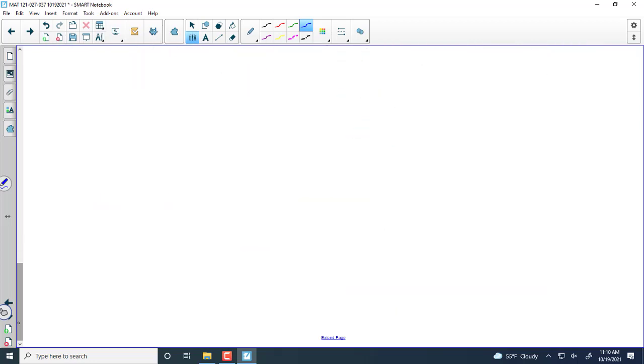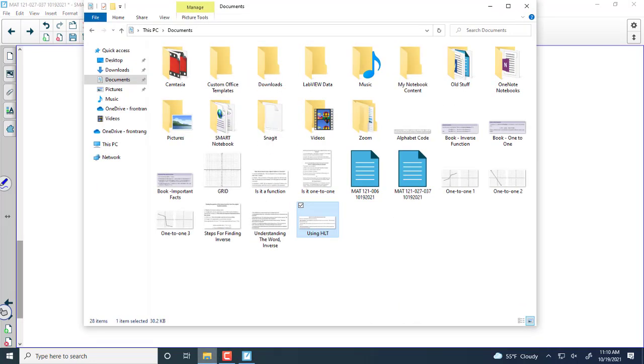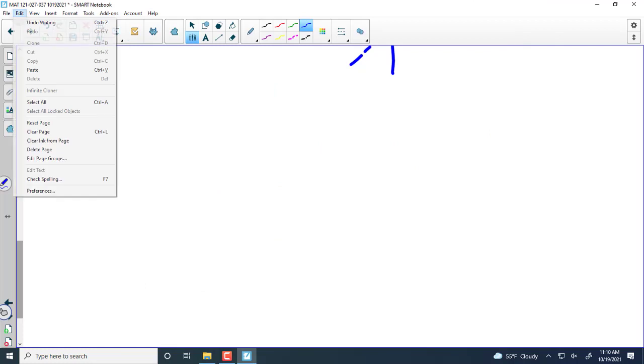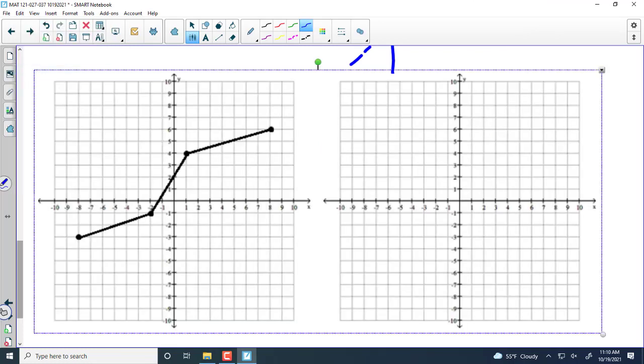All right, let me summon up my example here. Here we have a graph, and I want to see if you agree with me that this is a one-to-one function.